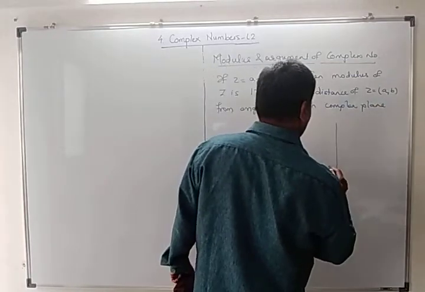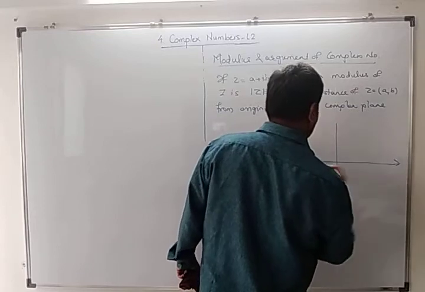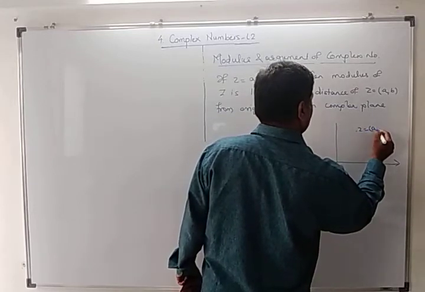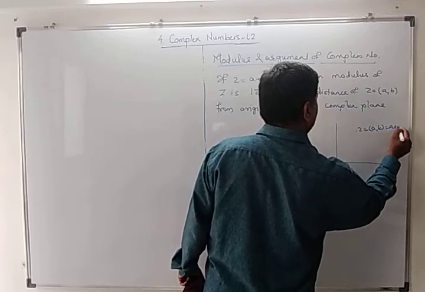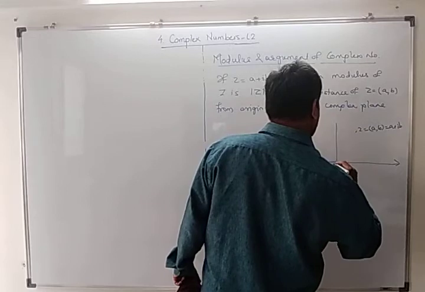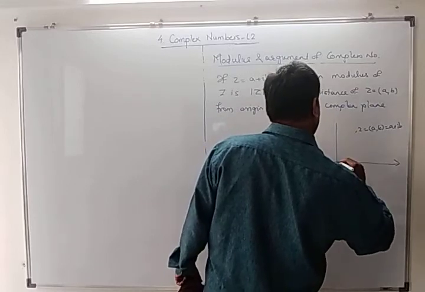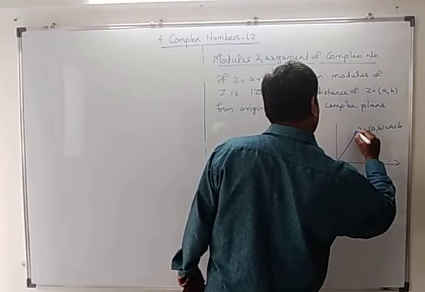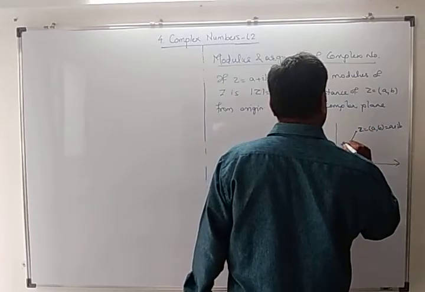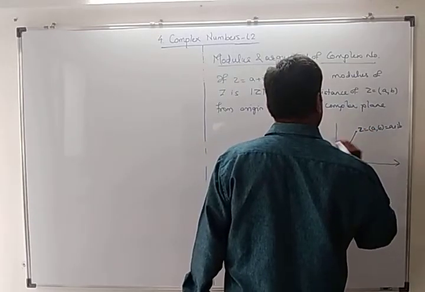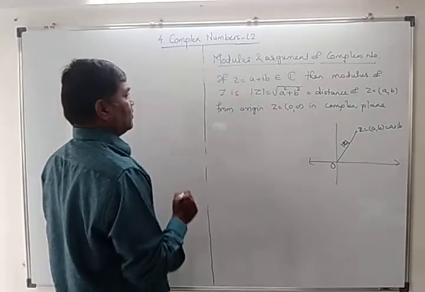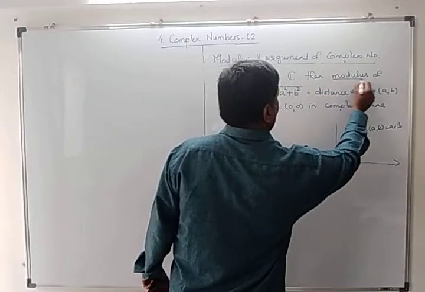So if I have the complex number z equal to a plus ib here, then this distance is your mod z. This is the modulus.